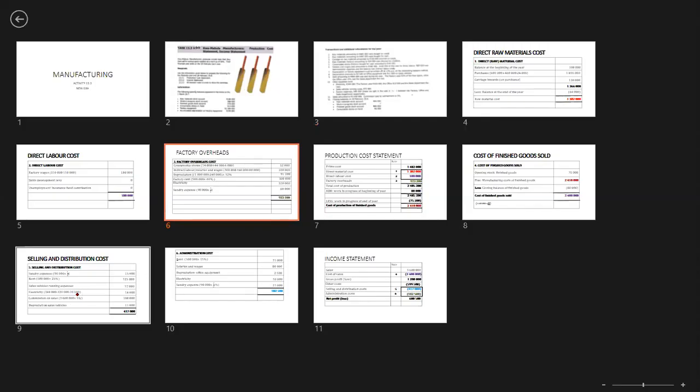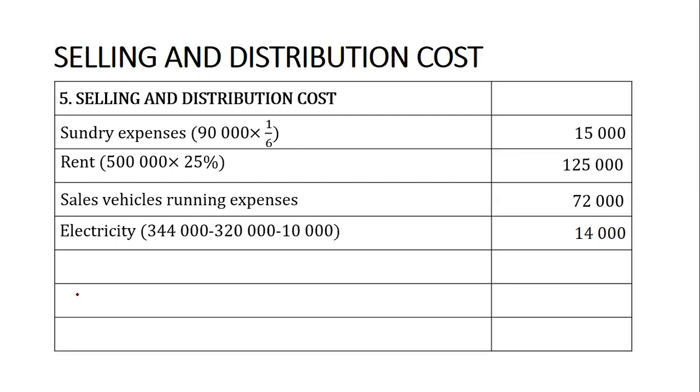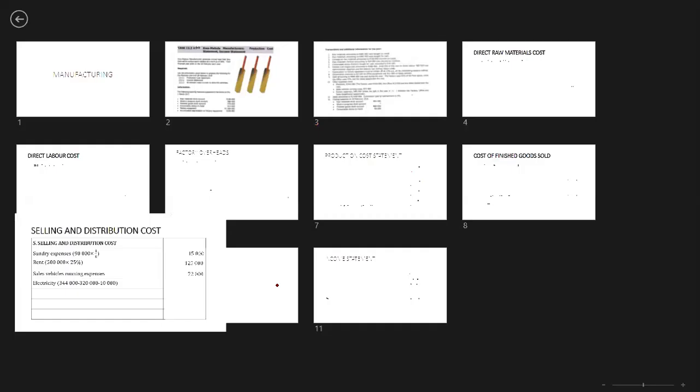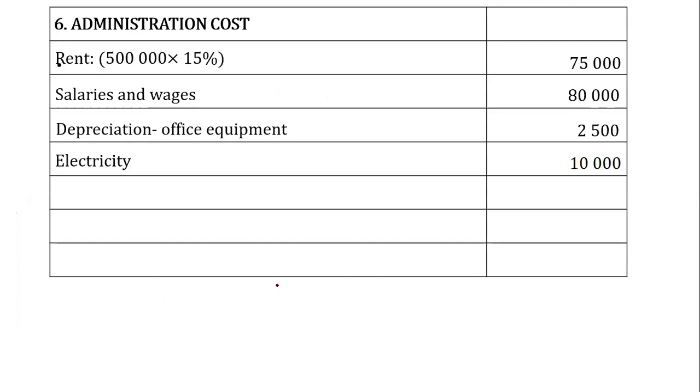Selling and distribution will be 1 over 6, that is for sundry expenses, which is 15,000. The last one will be administration, sundry expenses. It'll be 1 over 6. Please ignore the percentage. It is just 1 over 6, and that will give you the value that we have there, which is 15,000.